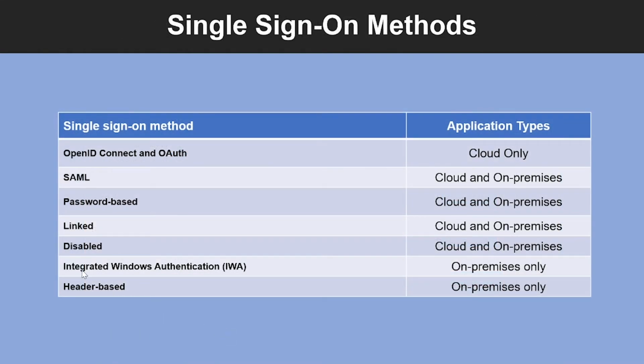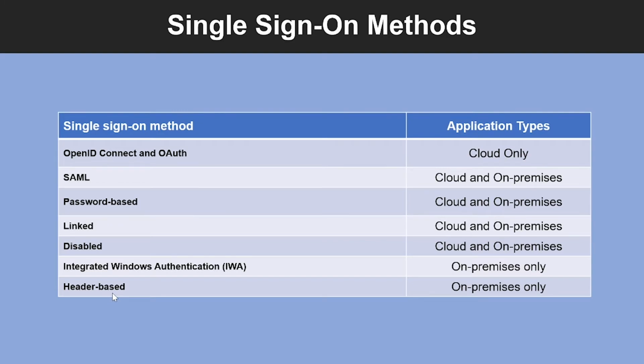We didn't talk about the integrated Windows authentication IWA and header based. So, when can you choose IWA? You can choose integrated Windows authentication sign-in for applications that use integrated Windows authentication or claims-aware applications. For IWA, the application proxy connectors use Kerberos constraint delegation to authenticate users to the application.